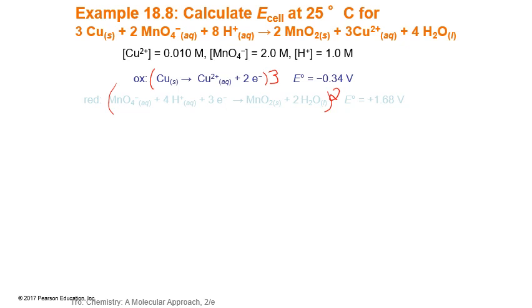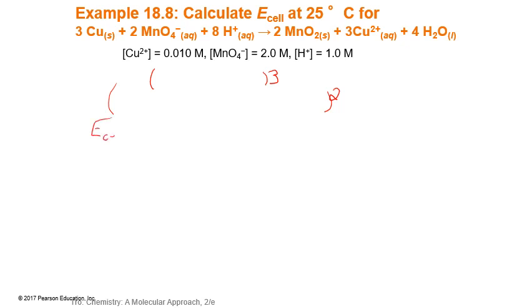Now, how about calculating our Ecell? Normally and previously, we said that it is the reduction minus the oxidation. But in this case, because we have one written as oxidation and one written as reduction, they're not both reduction half reactions, we actually add the two together.